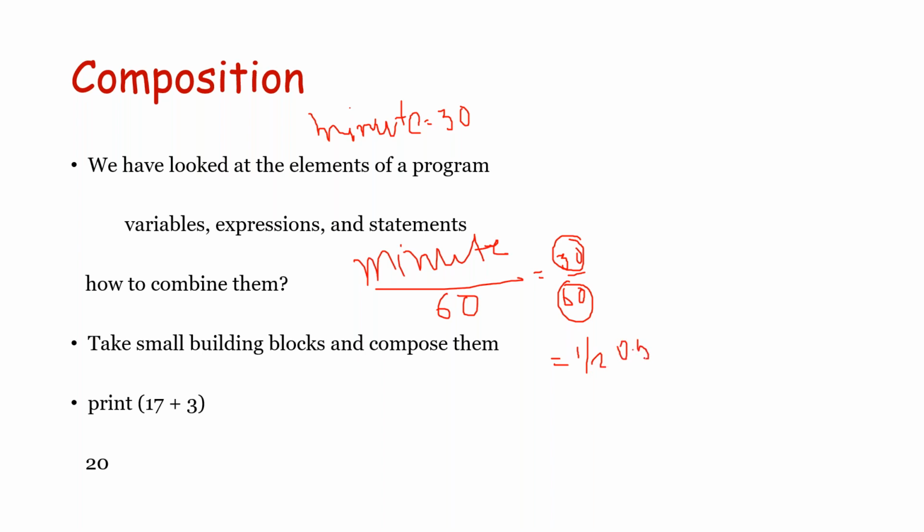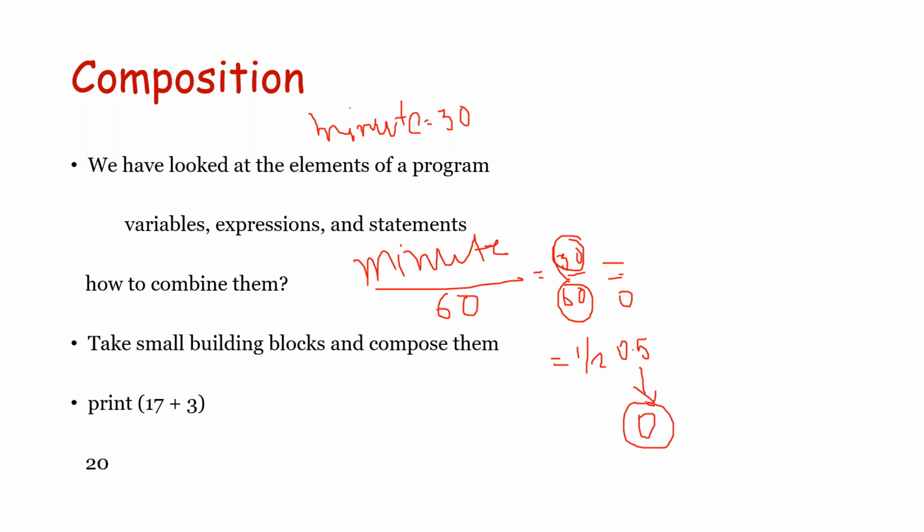But if you are dealing with an older version of Python, you will get 0. Why? Because these two are integers, and the default behavior of Python is to round off to the lower bound. The lower bound of 0.5 is 0 on integers, so it will return 0 if you are dealing with the older version of Python.